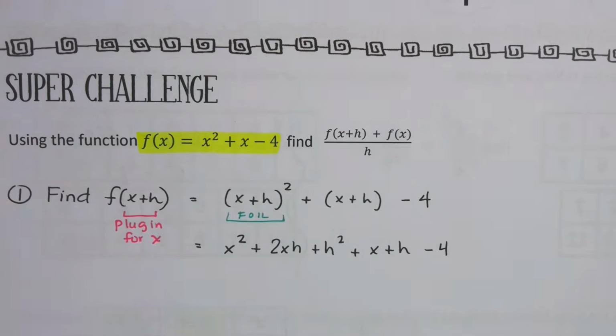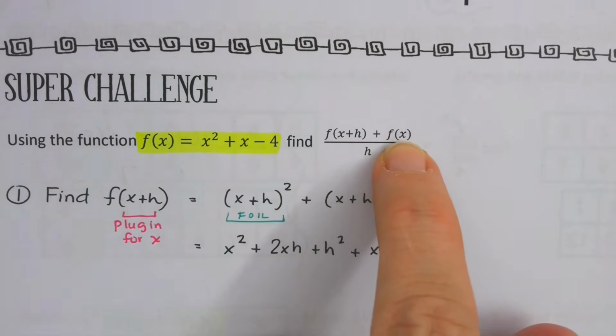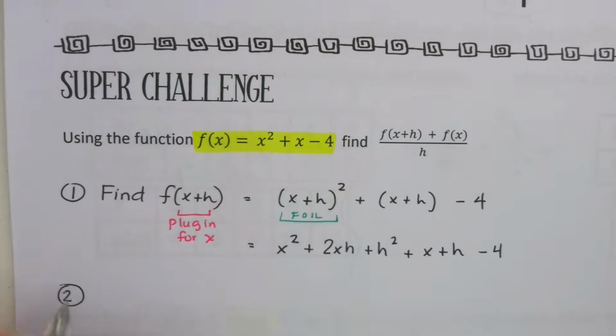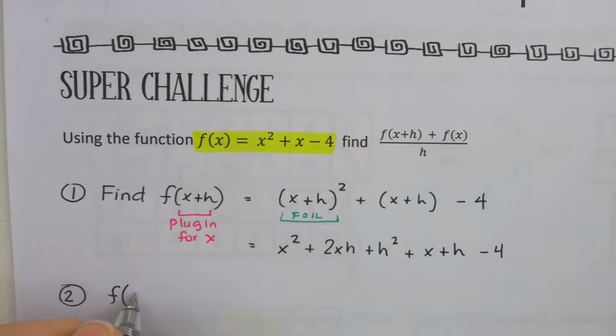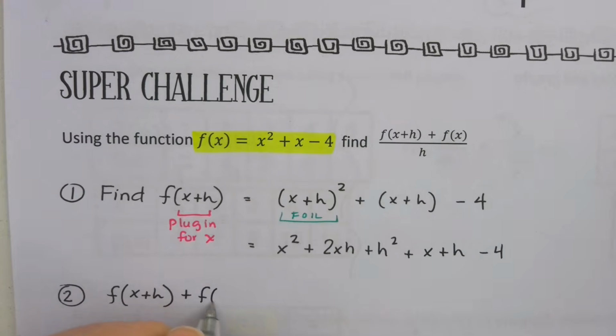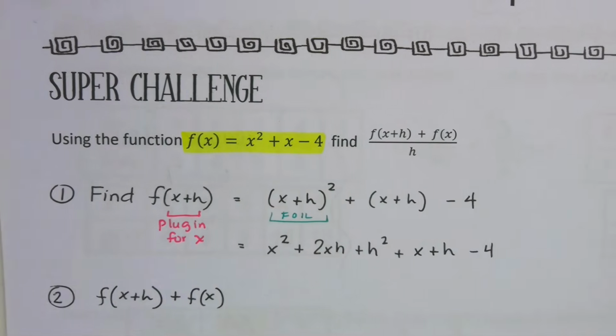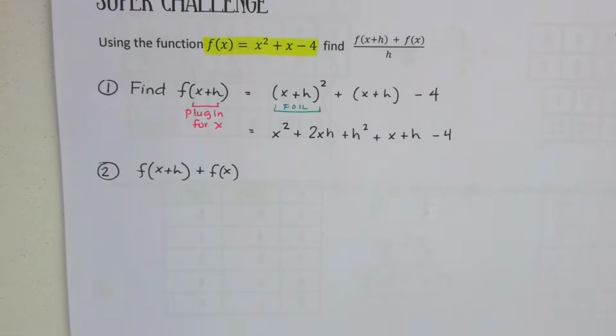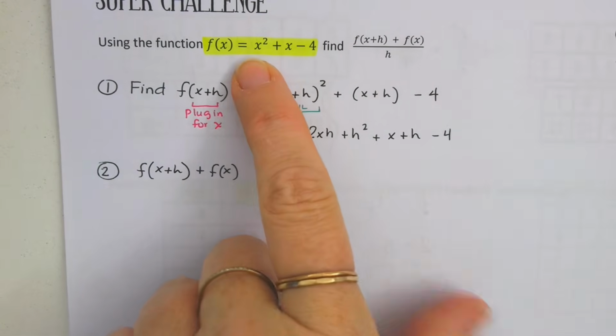Your step 2 is to add f of x. Do f of x plus h plus f of x. Step 2, we're going to take that f of x plus h and add f of x. Where the heck is f of x? Where am I going to find that? It's right there. That's what we're adding to it.